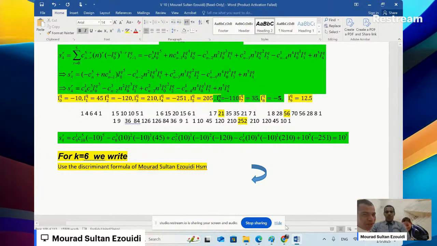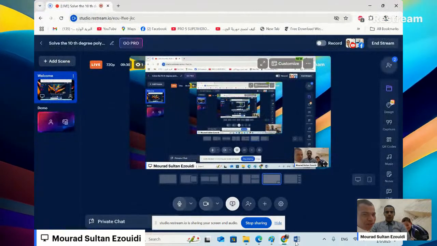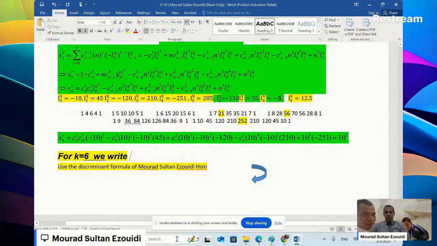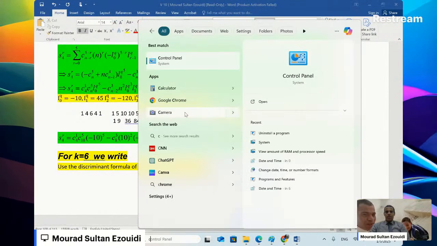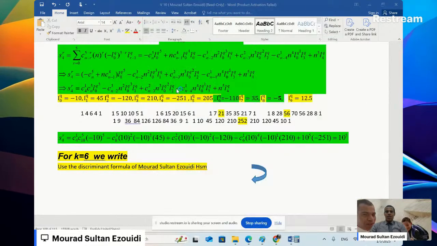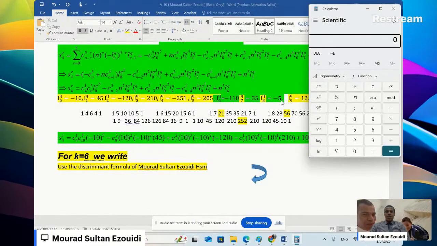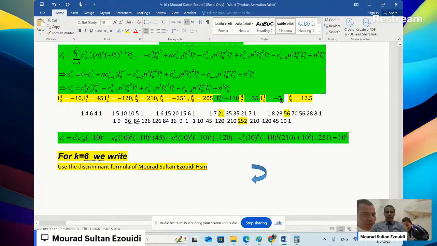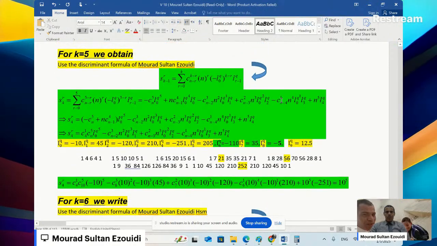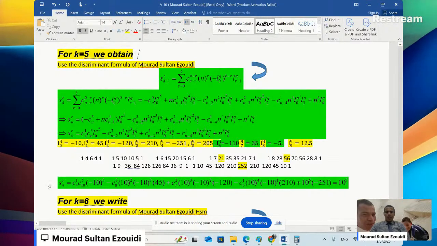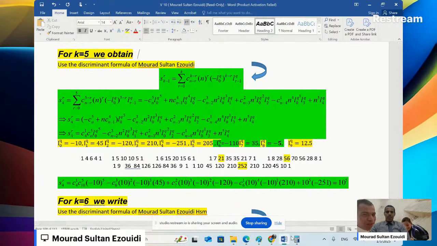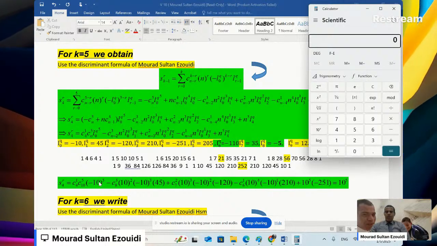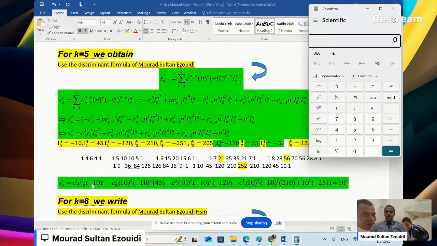So I'm going now to use my scientific calculator. Now I will calculate the value of S4. Look, 10 raised to the power 5, no need to write it, but pay attention to the negative sign.